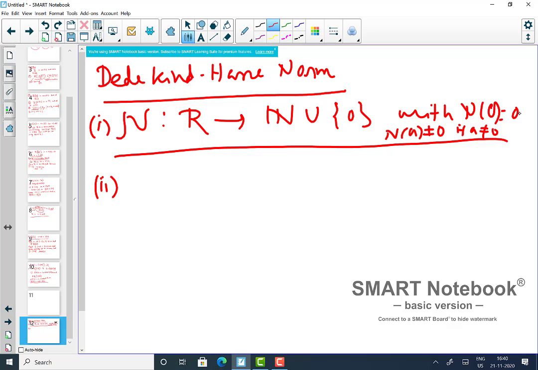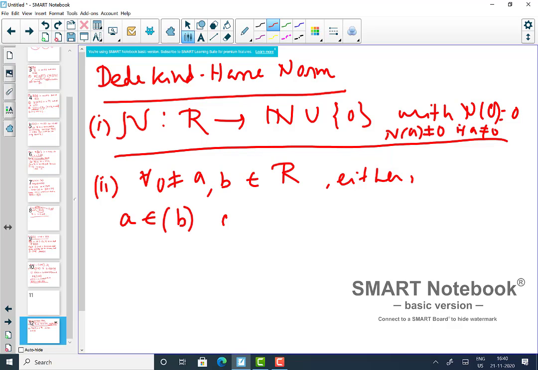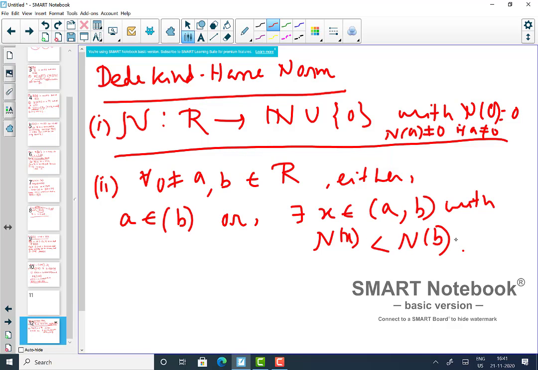And for all non-zero a and b belonging to the ring R, there are two possibilities: either a belongs to the ideal generated by b, or there exists some element x belonging to the ideal generated by a and b with the property that the Dedekind norm of x is strictly less than the Dedekind norm of b. This is the definition.